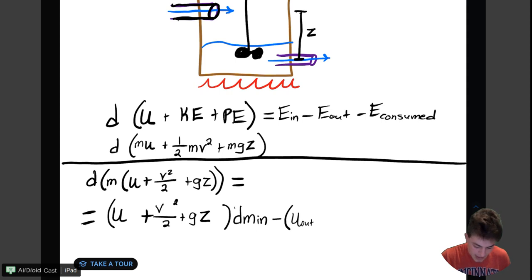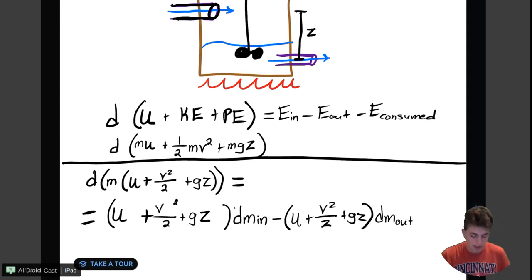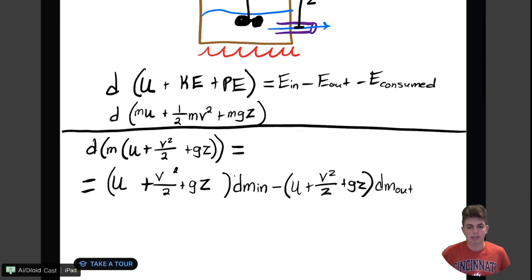So I'll go ahead and take away these subscripts as well, and we'll just write the differential change in mass going in on the outside of this. So we're subtracting this, and you can see the only really change between these two terms, the one on the left being energy in and the one on the right being energy out, is that there is a minus sign that will need to be distributed over the energy out. And this makes sense. Okay.